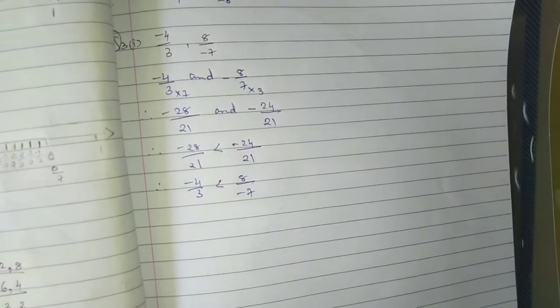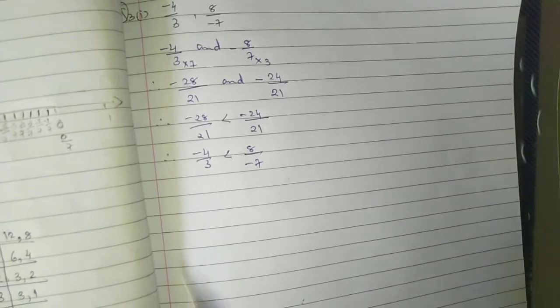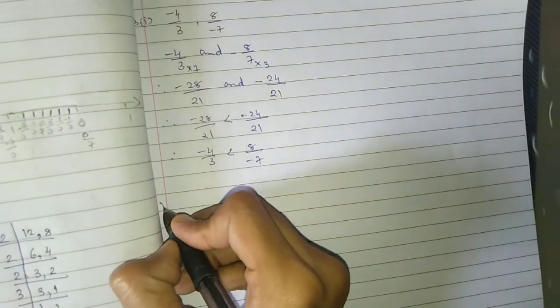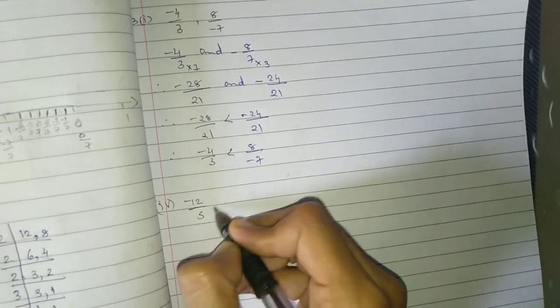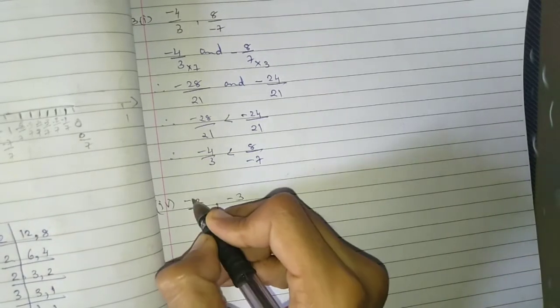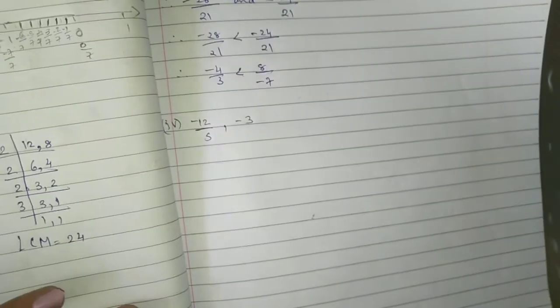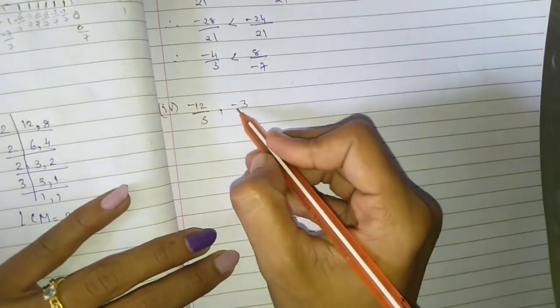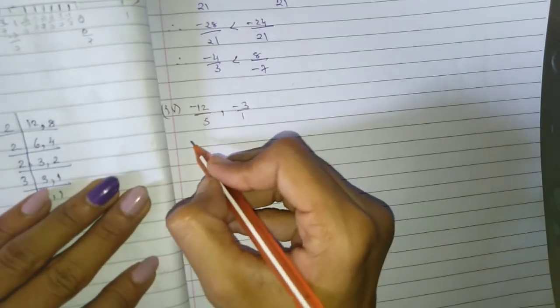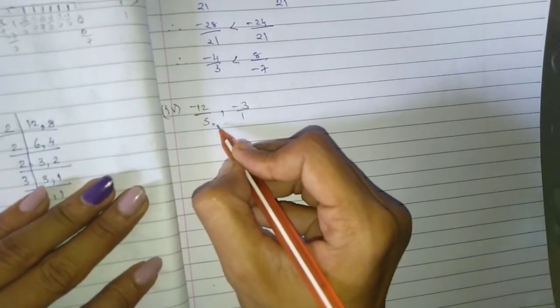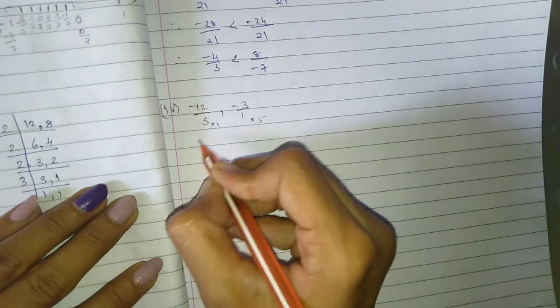Now fourth one. Minus 12 upon 5 and minus 3. Both are negative. Now here nothing means denominator 1. Now we have to take out the LCM, which is 5. So multiply by 1 and multiply by 5.